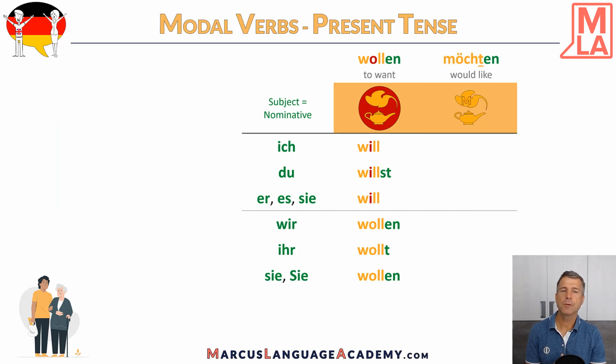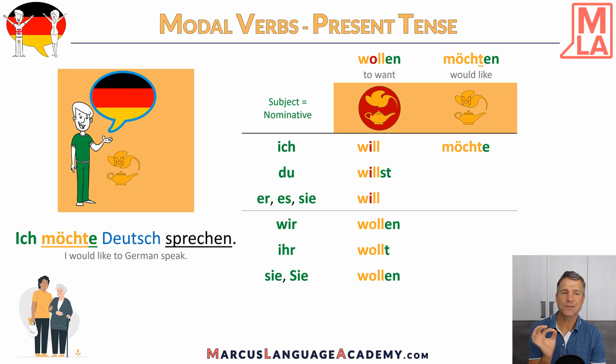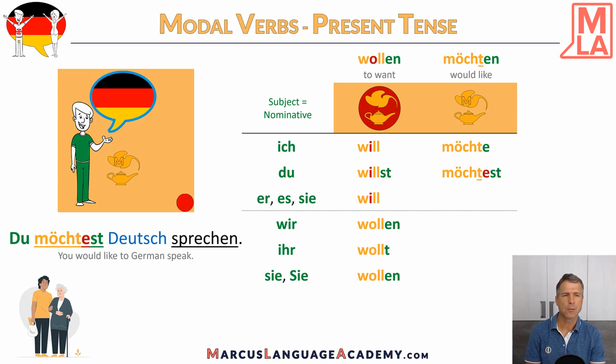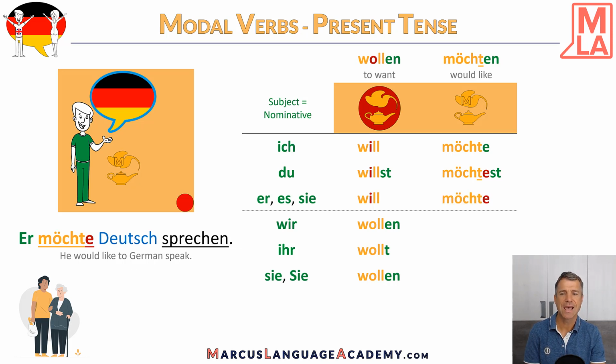And like I mentioned before, we will use möchten here because it's quite useful. It's not really a 100% regular verb, but for me I would say it's a regular verb, and it means I would like. So here, ich möchte. There's an E at the end. It takes the E because it sounds a little bit strange with just T, möcht. So ich möchte Deutsch sprechen. I would like to speak German. Then we add ST. We still have the E because we need to separate the T from the ST, so du möchtest Deutsch sprechen.